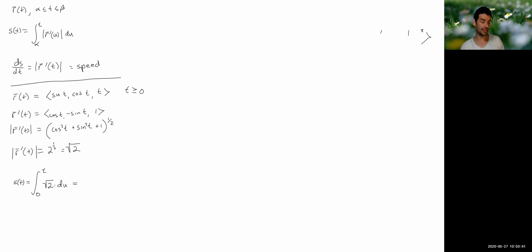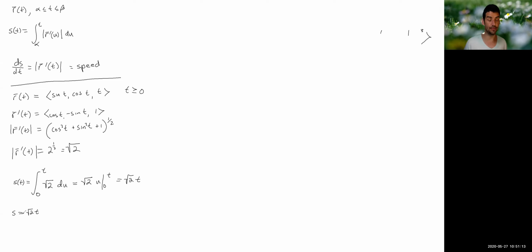We can take this integral pretty straightforwardly. It's going to be root 2 u from 0 to t, or root 2 t. In other words, s is equal to root 2 times t. That's our arc length function. For each unit of time of this parameterization, we get the square root of 2 units of distance.